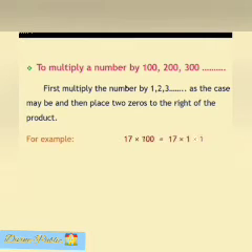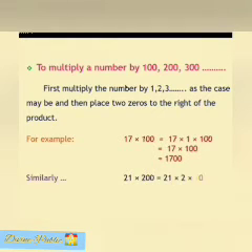For example, 17 multiplied by 100 equal to 17 into 1 into 100 equal to 17 into 100, and that will be 1700. Similarly, 21 into 200 equal to 21 into 2 into 100 equal to 42 into 100, that is 4200.